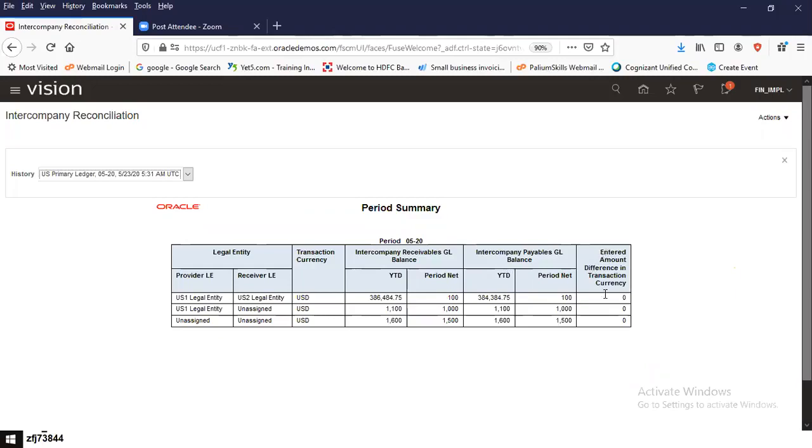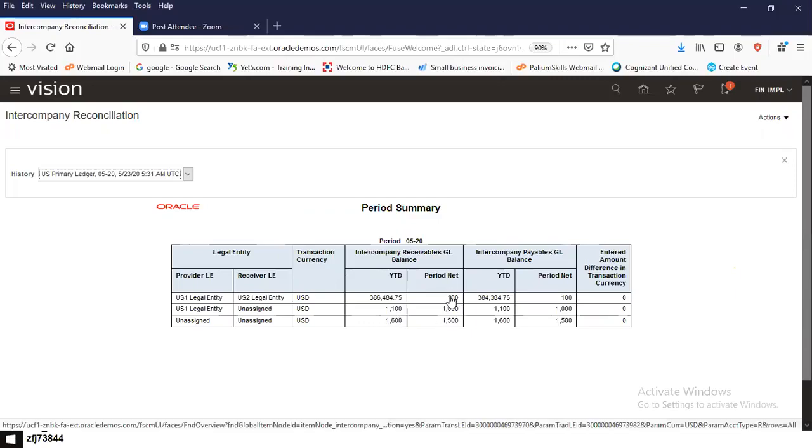If you see here, entered amount, there is no discrepancy. Now the total legal entity level, provider legal entity, receiver legal entity, this is YTD. In this particular month of May, we only have 100. Then we have 1000 and we have 1500.